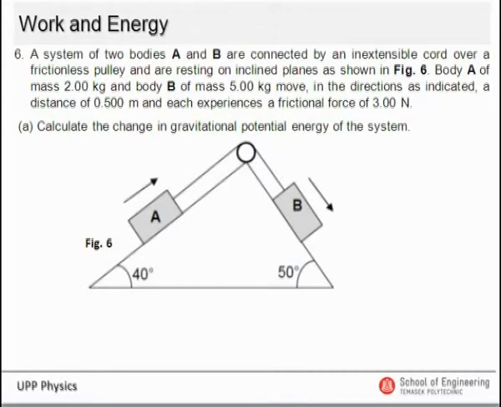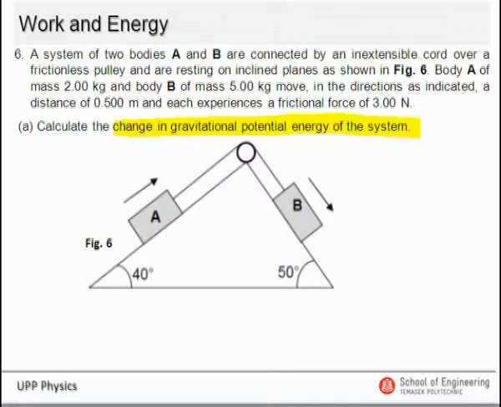Now, how should we proceed to attempt this question? The question asks for the change in gravitational potential energy of the system. Now, this system consists of two bodies. Therefore, we have to find the change in gravitational potential energy for body A and B respectively.